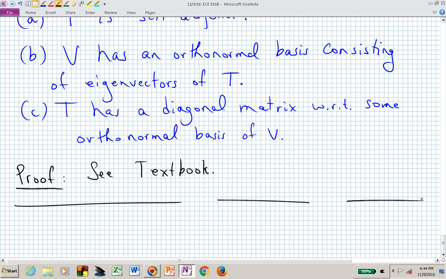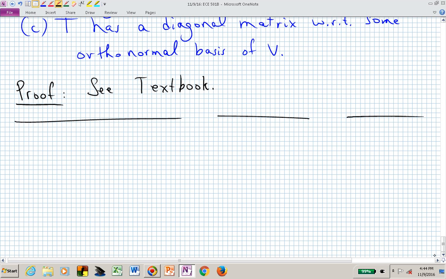Let's now summarize what we have discussed relative to these spectral theorems.